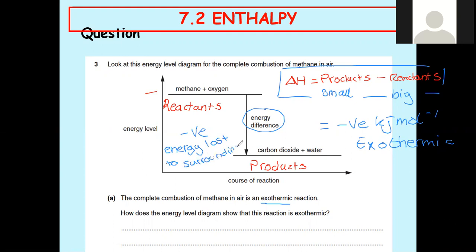So we've got lots of ideas there. And so we could follow it up with a good answer along the lines of something like this. How does the energy level diagram show that this reaction is exothermic?